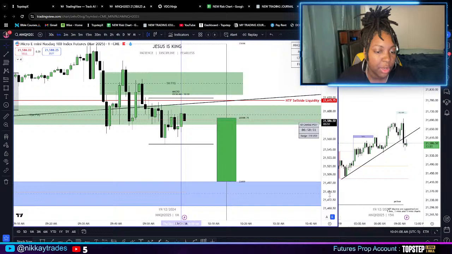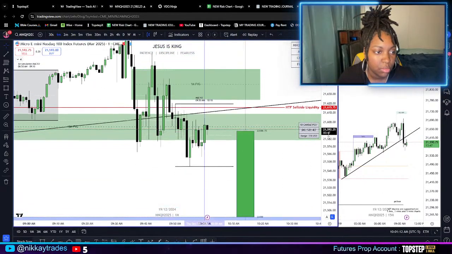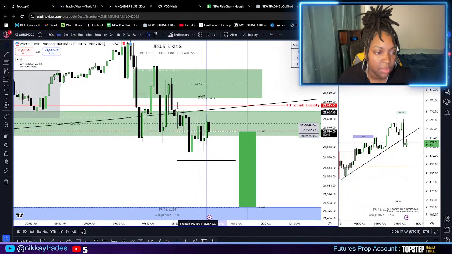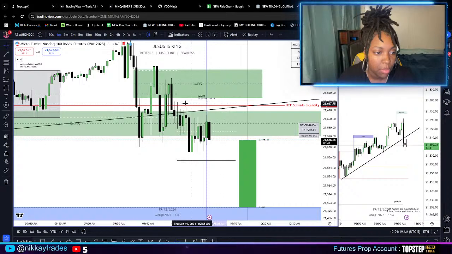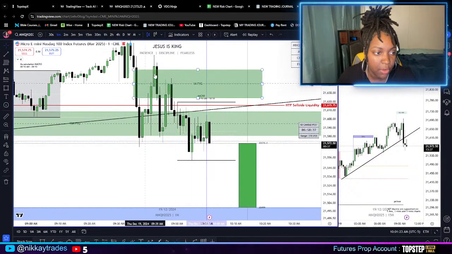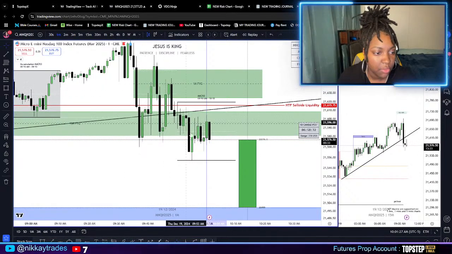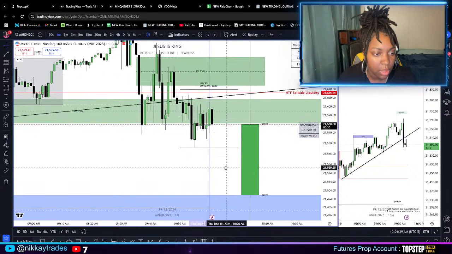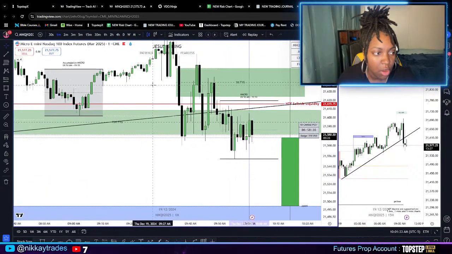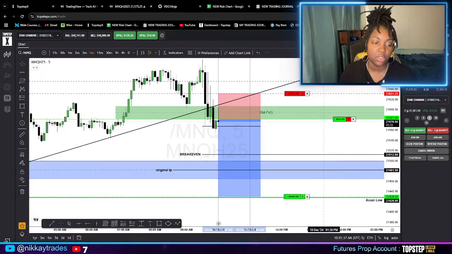A macro, if you're wondering what a macro is, it's basically volume. It's volume in a specific time frame where you expect price to move. Like how it rejected this one-minute gap here, you're looking for volume to push it down in your direction. That's why I only trade macros, and it's all about timing. When you trade ICT concepts, the timing is what matters.